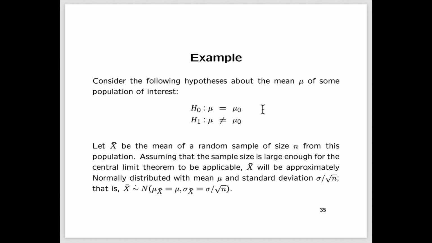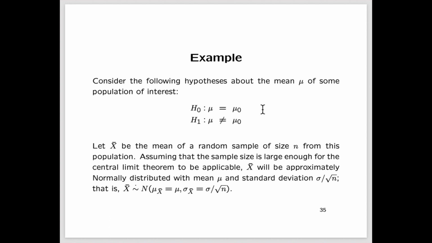Now let's let x bar be the mean of a random sample of size n from this population. Now x bar, the sample mean, is a point estimate for the population mean. It's a statistic, it's a random variable, it's computed from a random sample, and so therefore it has a probability distribution. And that probability distribution is called its sampling distribution.